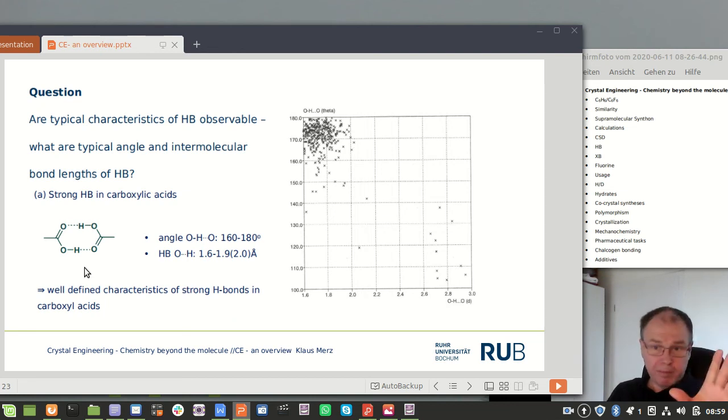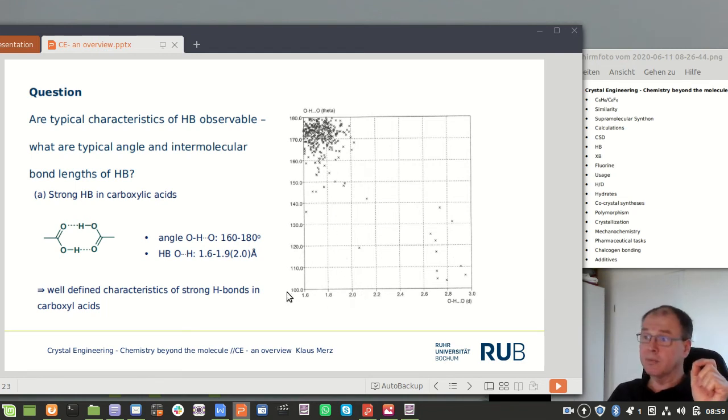This was one point. The second point is that you can really say such patterns have characteristic parameters like angles. See it here, angles around 160 to 180 degrees, and characteristic contact lengths, distances.